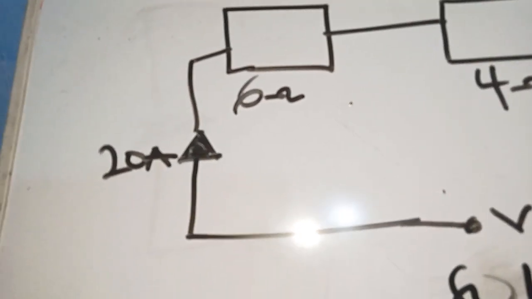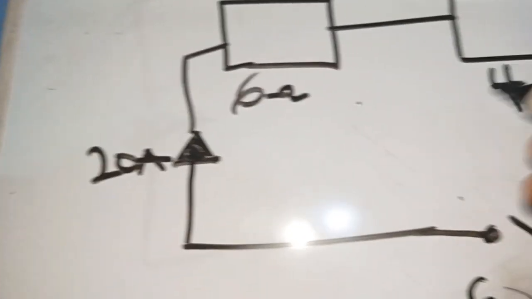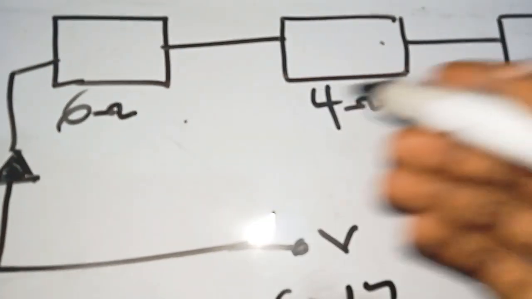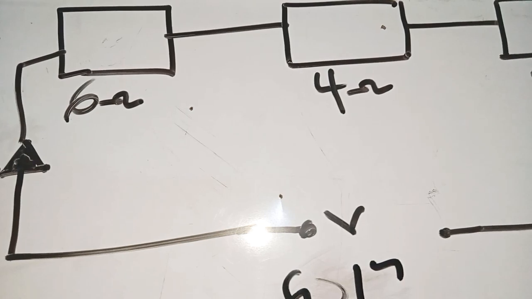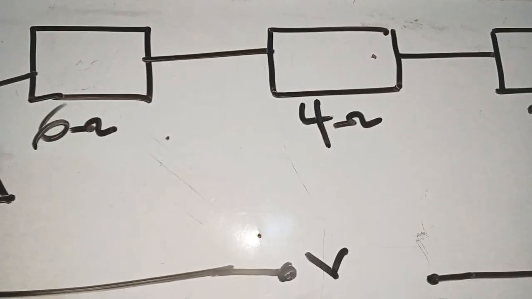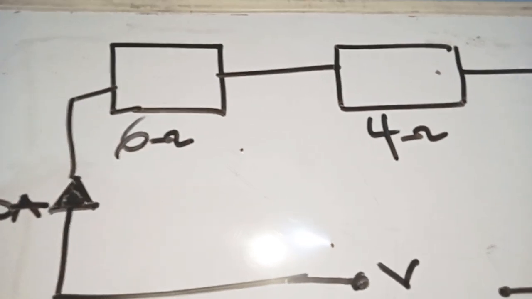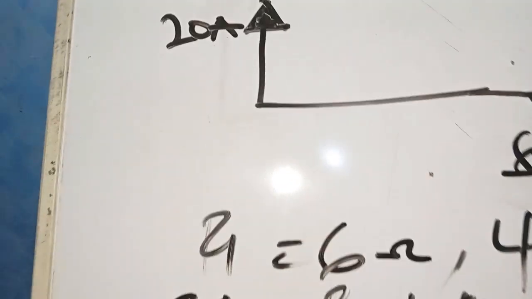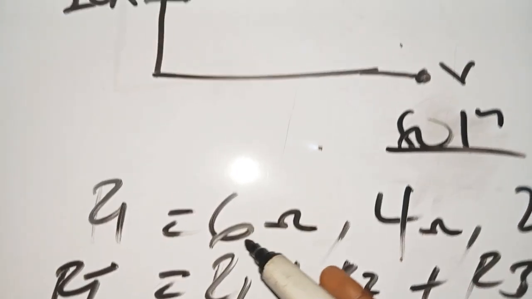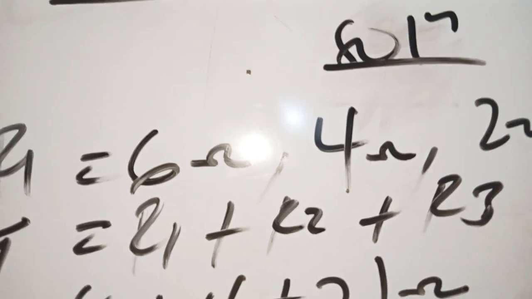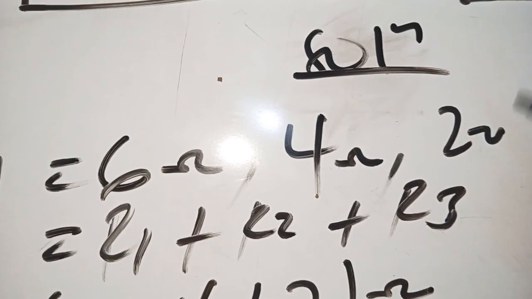So we have to sum the resistors up to get a fixed resistor. Here R1 is 6 ohms, R2 is 4 ohms, and R3 is 2 ohms.